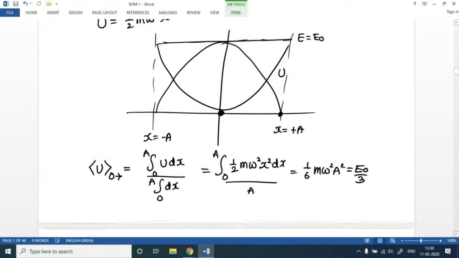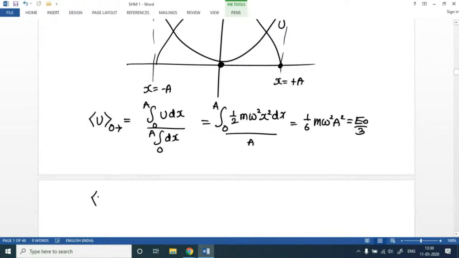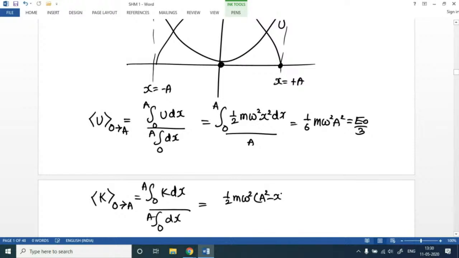You realize. And similarly, if you take the average of kinetic energy from 0 to A, you can do the integral of K dx from 0 to A upon the integral of dx from 0 to A, and K we know is nothing but half m omega square into A square minus x square, dx from 0 to A upon A, and you will be getting over here 2 E naught by 3.